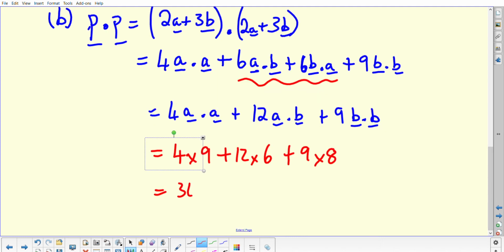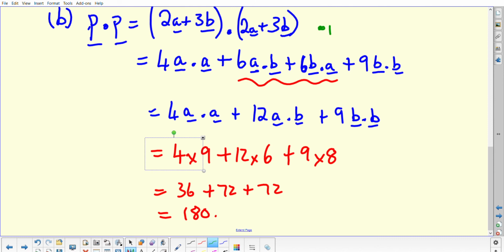So you have 36 plus 72 plus 72. If you add all of that up, you end up with 180.